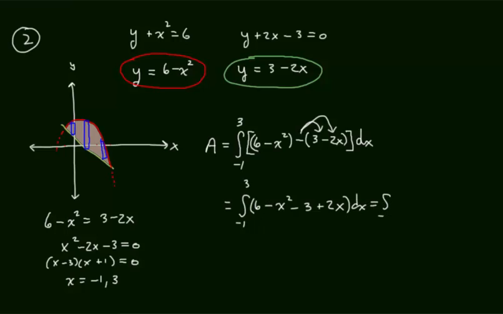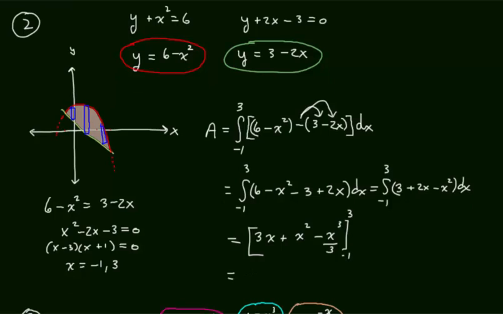I will look at my constants, so I have a 3, 6 minus 3 is 3, plus a 2x minus x squared dx. It is time to find the antiderivative, so we have 3x plus 2x squared over 2, 2's cancel out, so just x squared, minus x cubed over 3, I will do that now from -1 to 3.